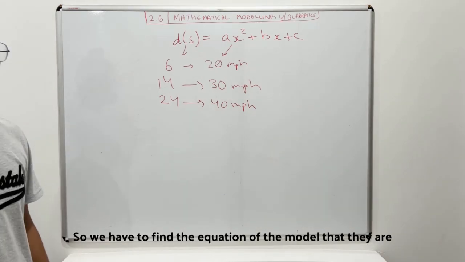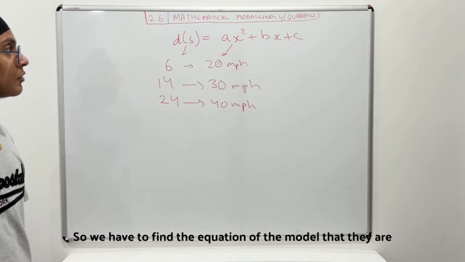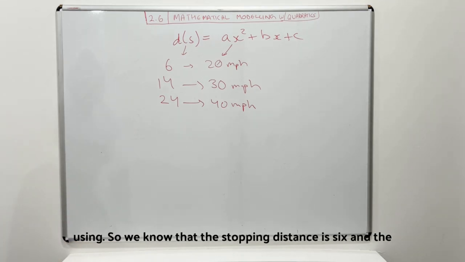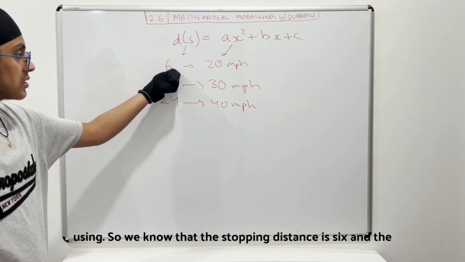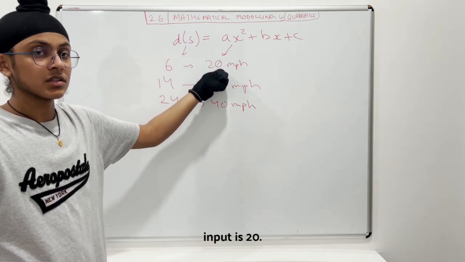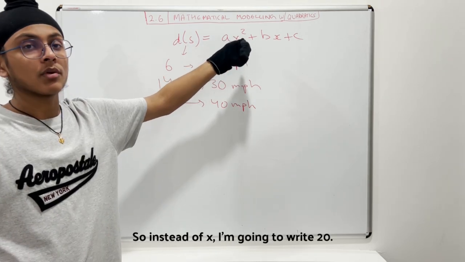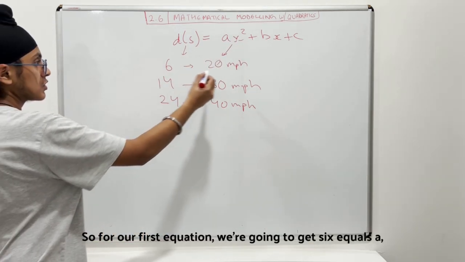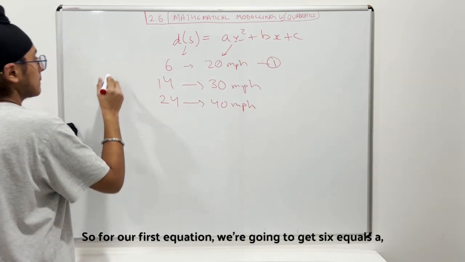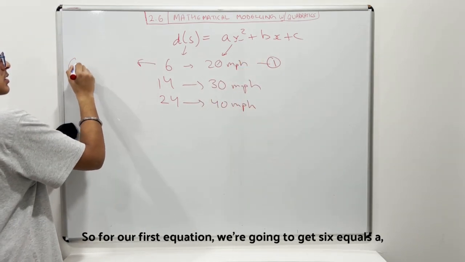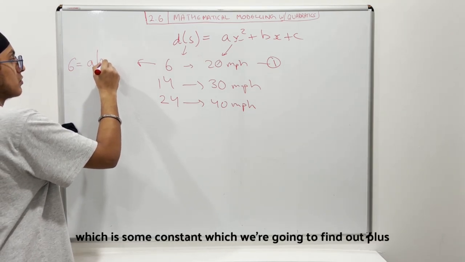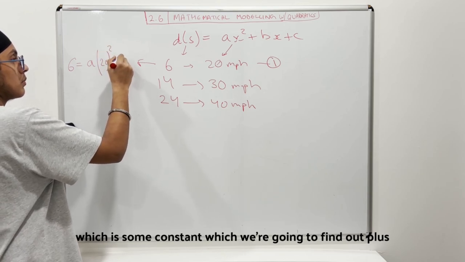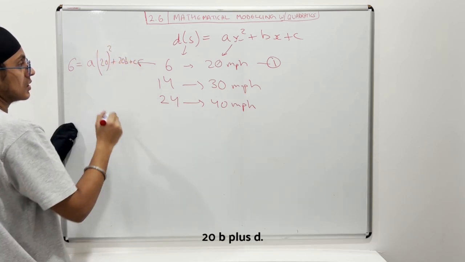So we have to find the equation of the model that they're using. We know that the stopping distance is 6 and the input is 20. So instead of x, I'm going to write 20. For our first equation, we're going to get 6 equals a, which is some constant we're going to find out, times 20 squared plus 20b plus c.